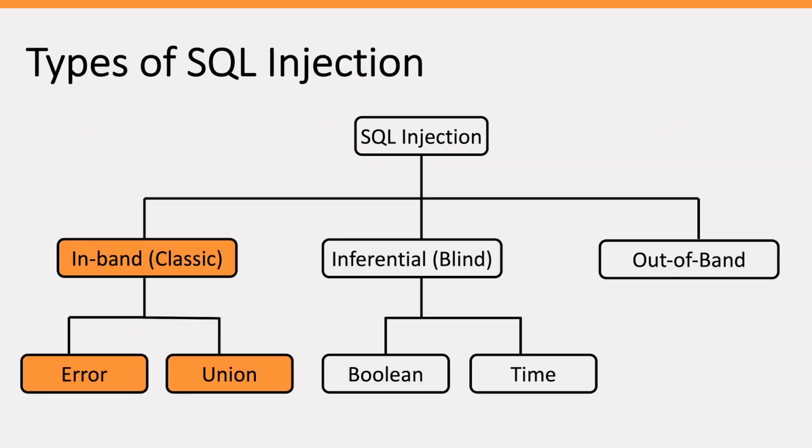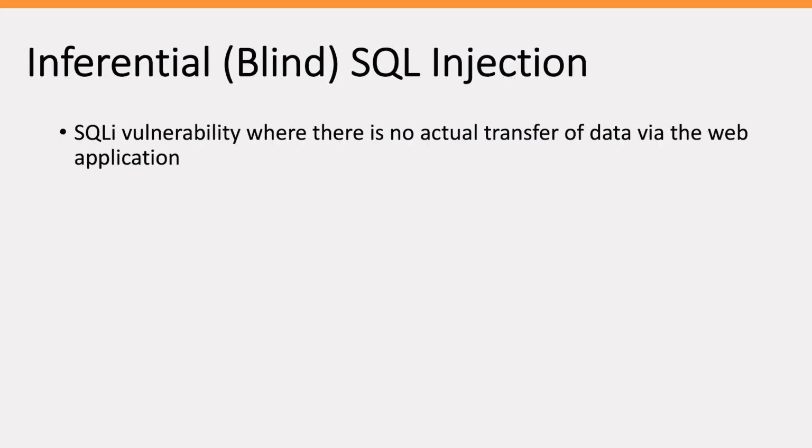Okay, so that covers in-band or classic SQL injection. Next, let's talk about inferential or blind SQL injection. Inferential or blind SQL injection is a SQL injection vulnerability where there's no actual transfer of data via the web application.